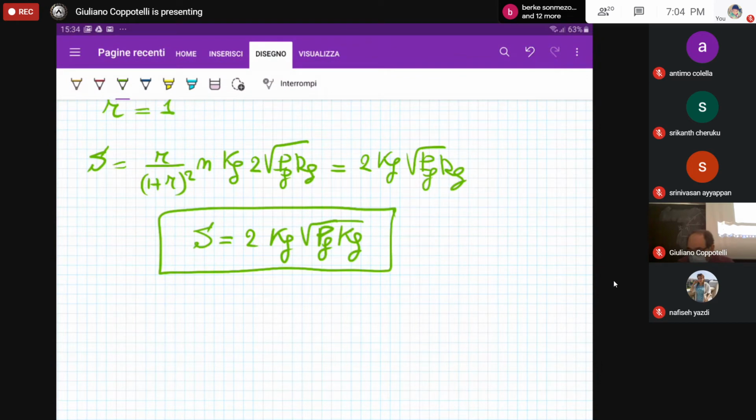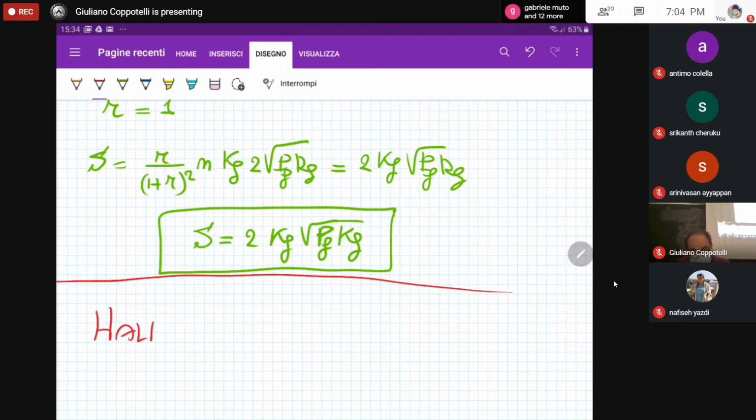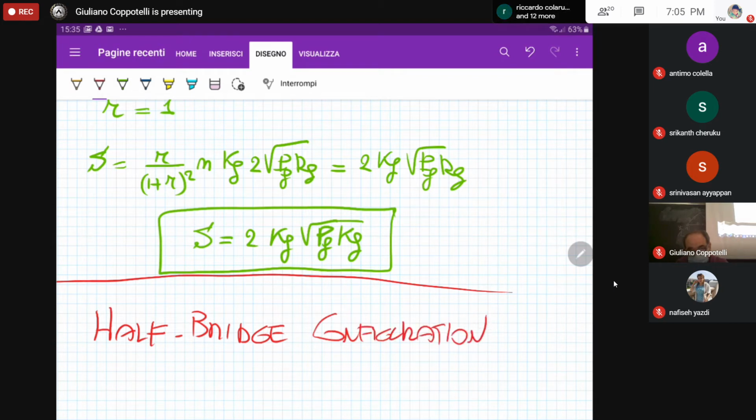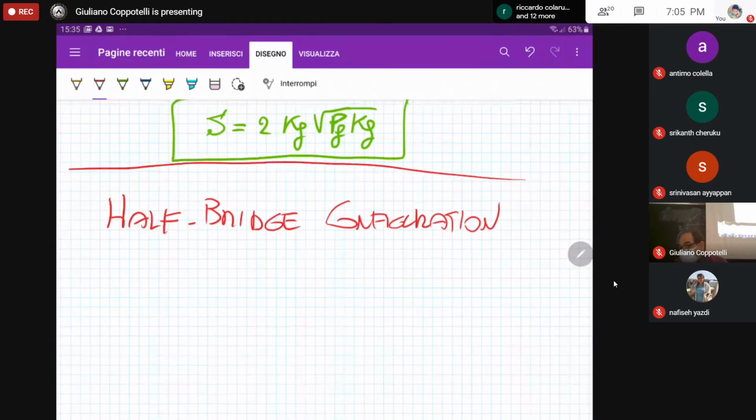How about the half bridge configuration? For the same reason that we got before when looking for the temperature compensation, the half bridge configuration is referring to leg number 1 and 4.